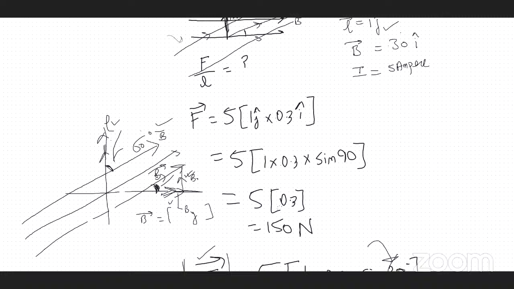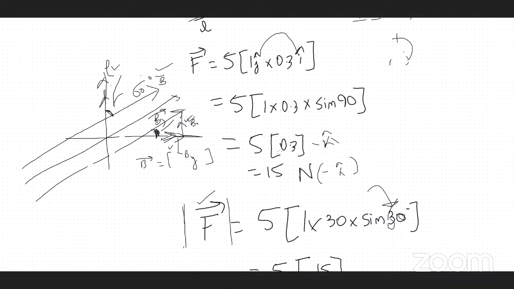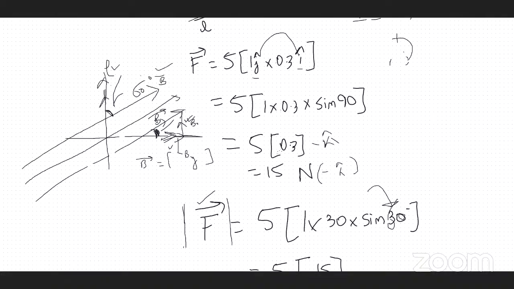So your J cross I, J K. So J cross I means minus K. So minus K. So this is part 1. ठीक है J cross I था ना, minus K. So you know the direction of the force.